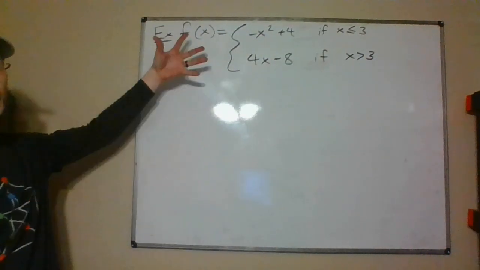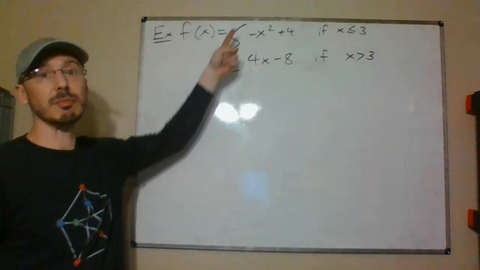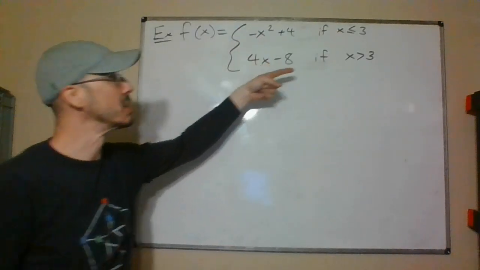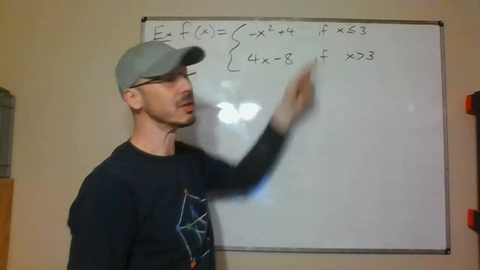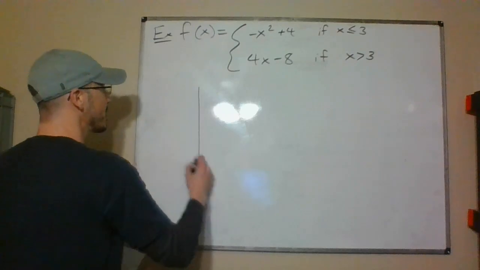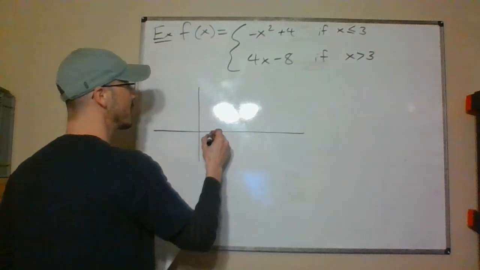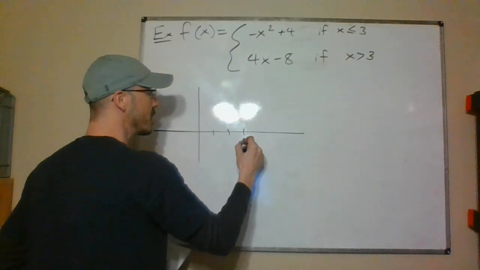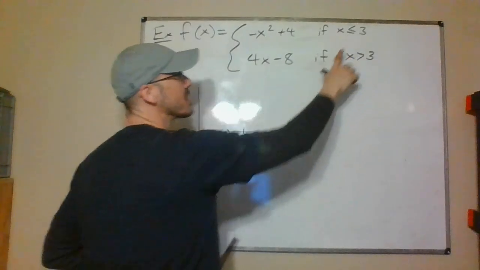So piecewise function, it's a function that's defined by two separate formulas depending on which part of the domain you're in. And that's actually a good place to start, looking at the 1, 2, 3 is the cutoff.